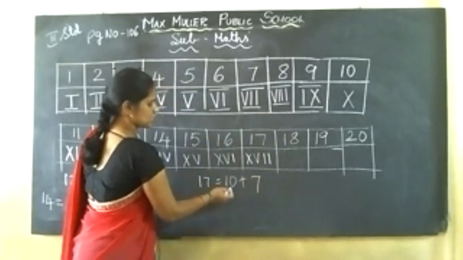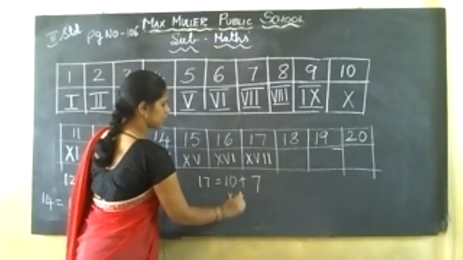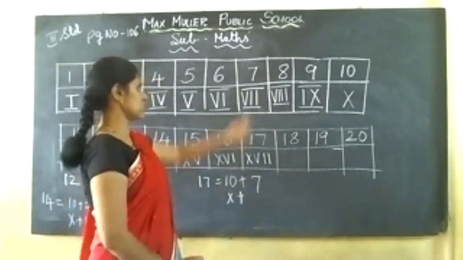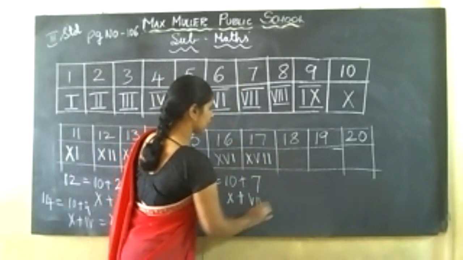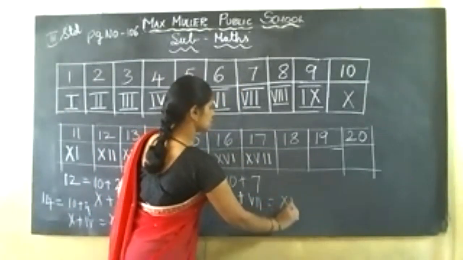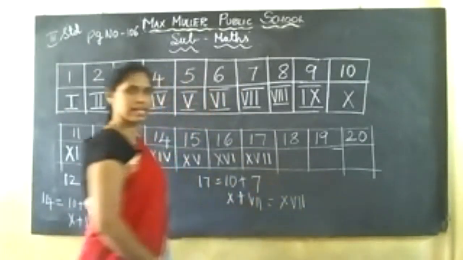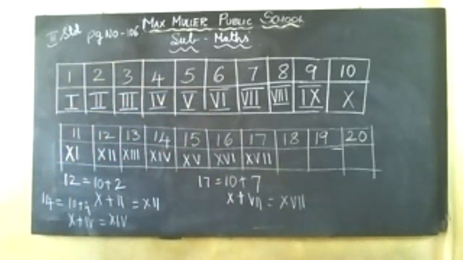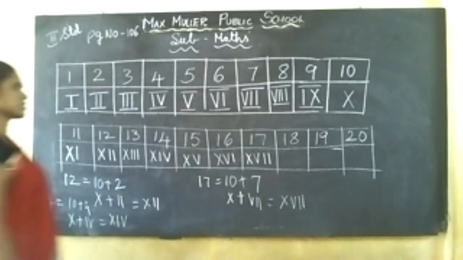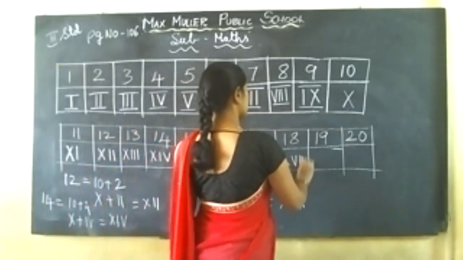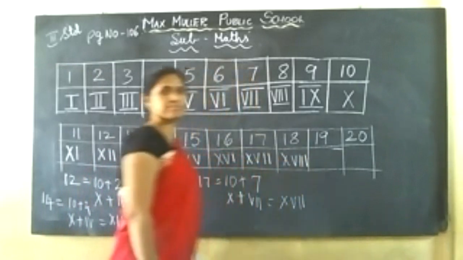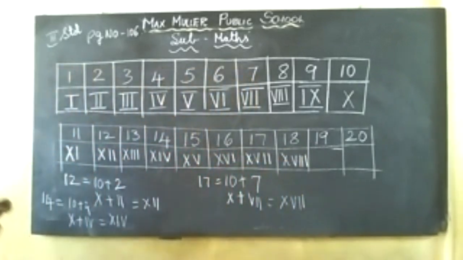So 10's value is X plus 7's value, V, 2 lines. So when you add this, X, V, 2 lines. Understood? Copy down fast. Next, X, V, 3 lines. Finish it fast.